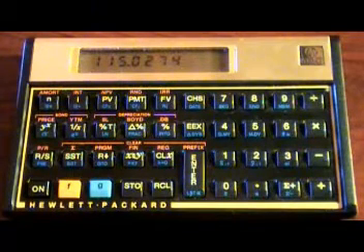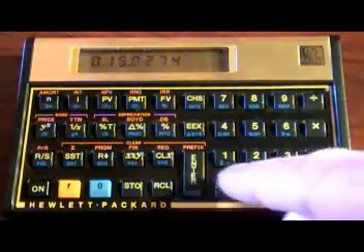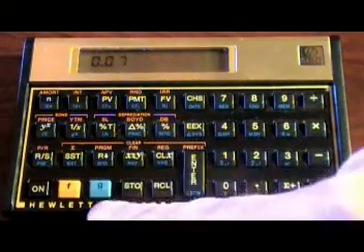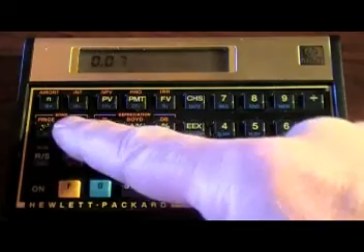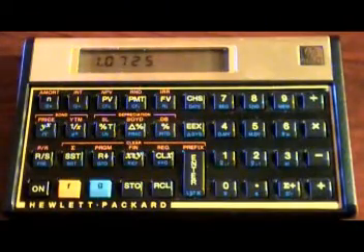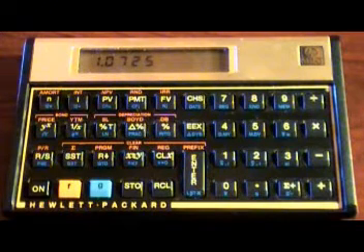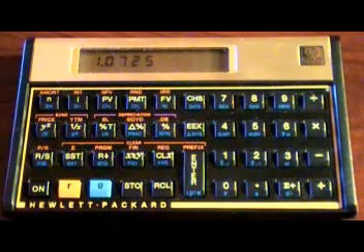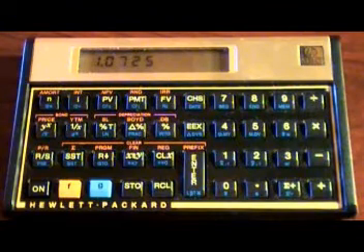To get an effective rate, hit 0.07 and then our G shift button, e to the x, to get 1.0725, which is a 7.25% effective rate after you subtract the 1. So continuous compounding is the highest effective rate you can earn, higher than daily, monthly, quarterly, and so on.